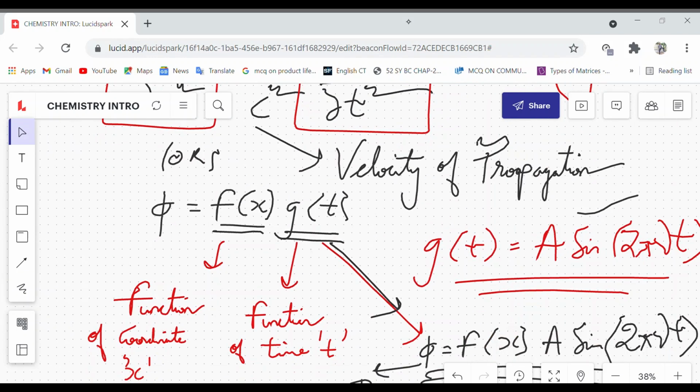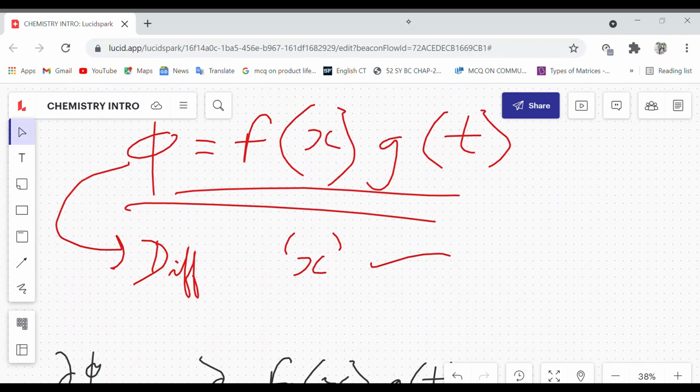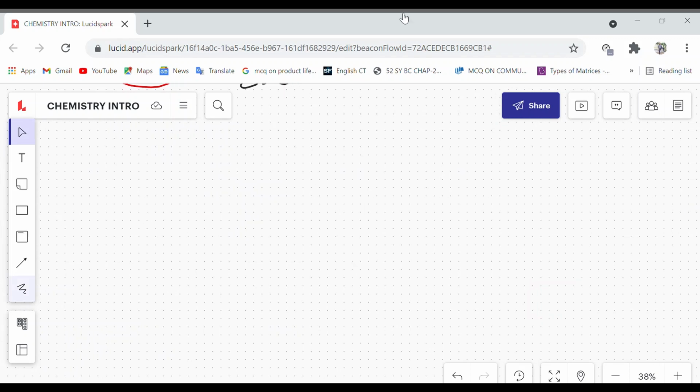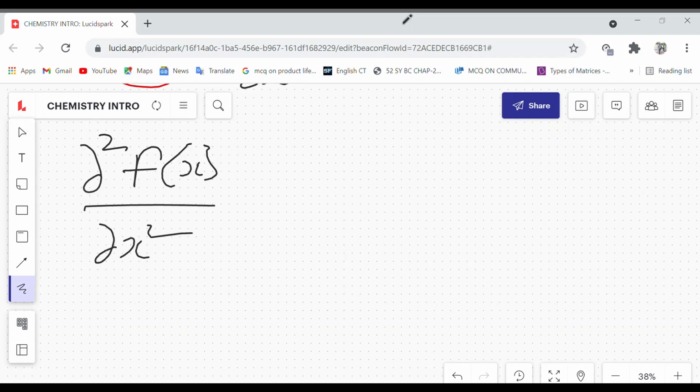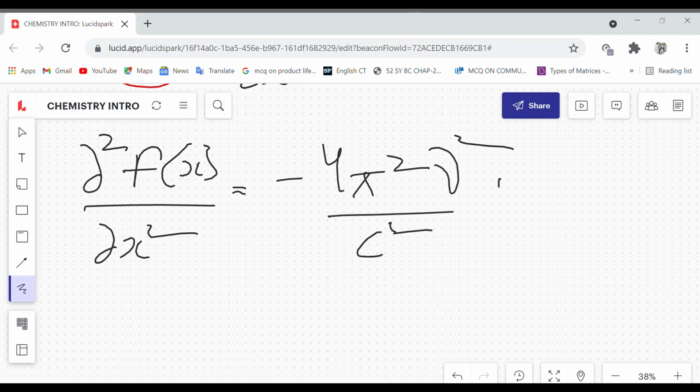Let's get started. If we do all the substitution, then the final answer would come: dou square f of x divided by dou x square equal to minus 4 pi square nu square divided by c square into f of x.